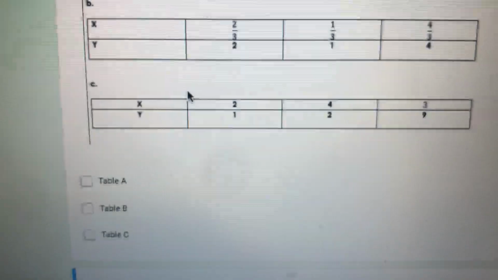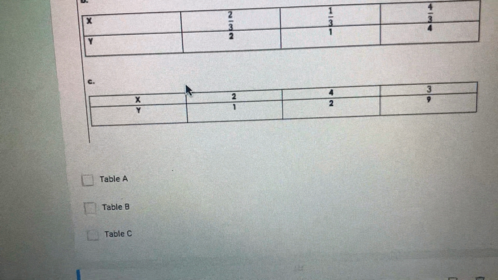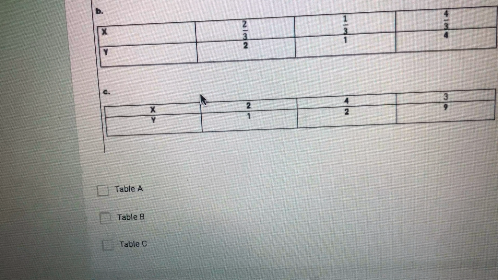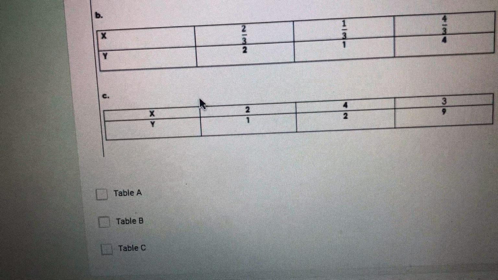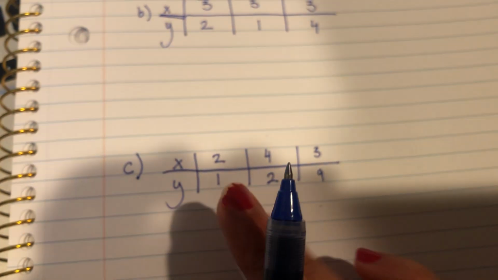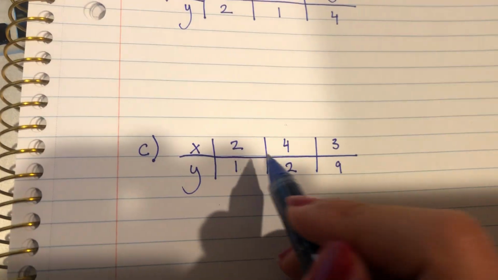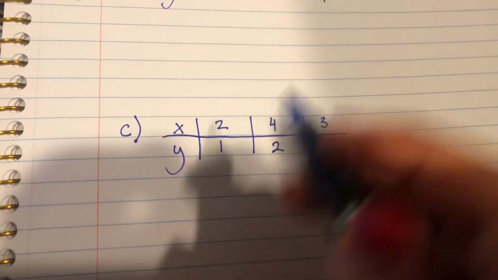So the first table I'm going to start off with is C, because C has whole numbers, which makes it much easier to see if it's proportional or not. Okay? So here we go. For the first table, we have y over x.